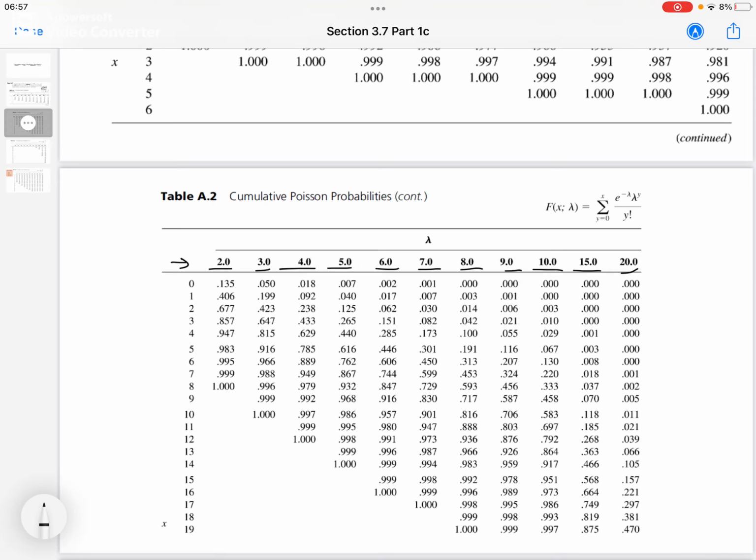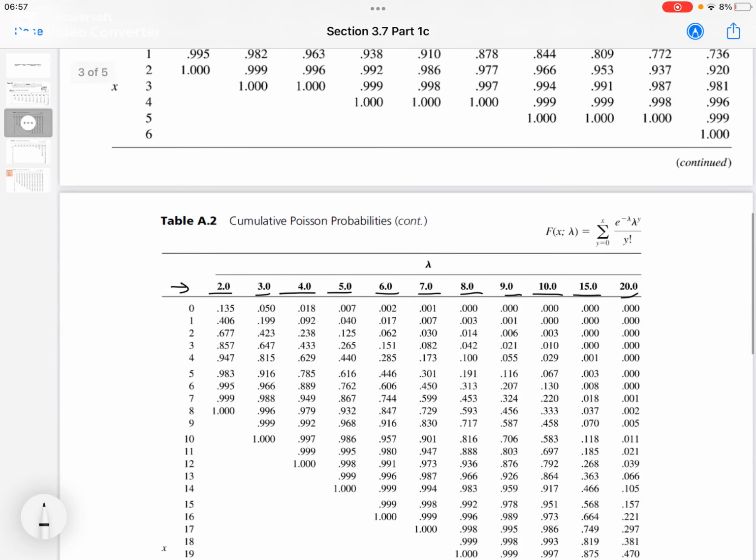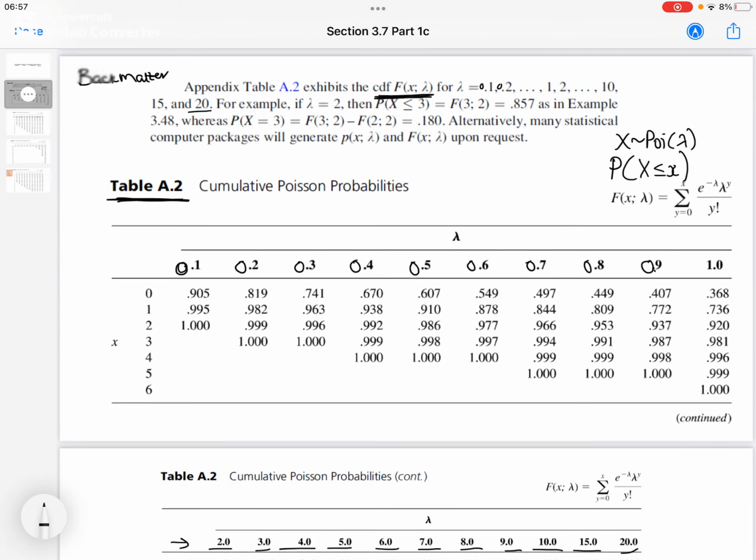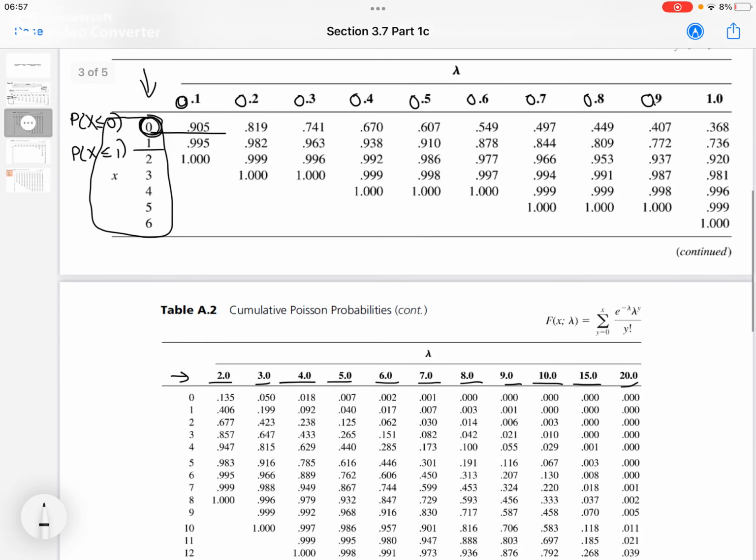So the table gives you lambda from 0.1 to 20, excluding 11, 12, 13, 14, and 16 to 19. The first column gives you the values of your random variable x. When x equals 0 in the first row, it gives you the probability of x being at most 0, the second row the probability of x being at most 1, and so on.